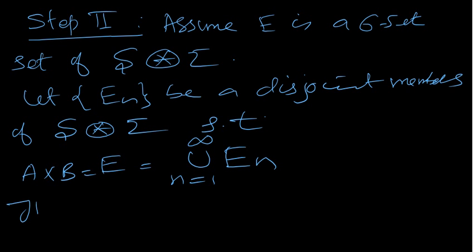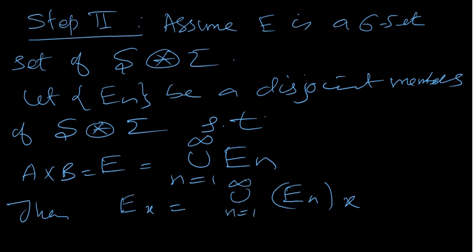Then we have already seen what the x section of this will be. Ex will be the union of the x sections that we already verified, Enx, and we know that Enx is measurable because En is a member of S tensor sigma.